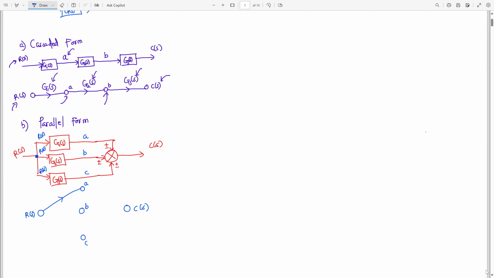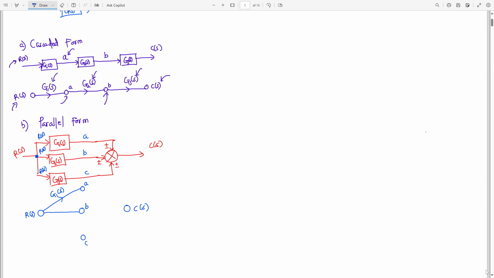And then you have to name the branch. And the only way to name the branch is with the transfer function. So it's G1 of S, right? And then we do the same thing for this side. So for this system with the transfer function of G2 of S, we can see that it's actually connecting this input signal R of S and this internal signal B. So we go like this.